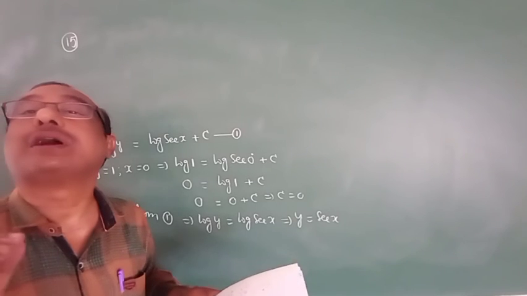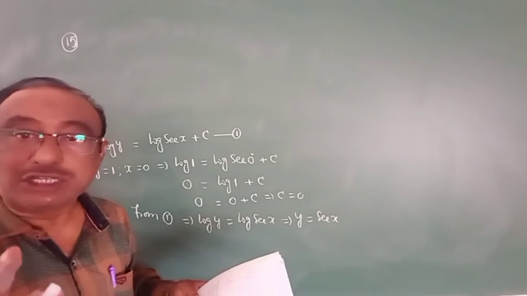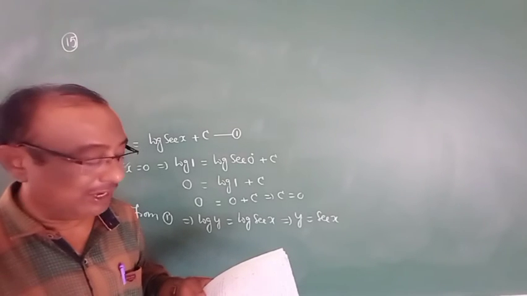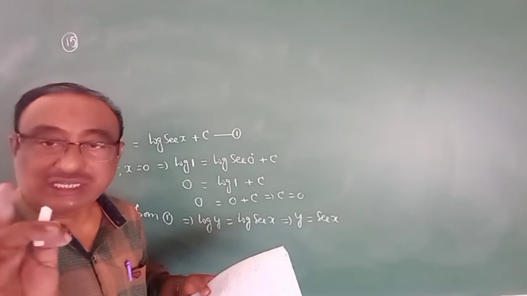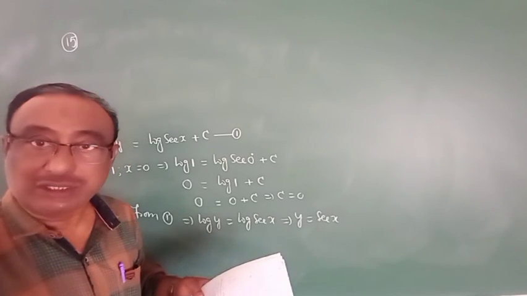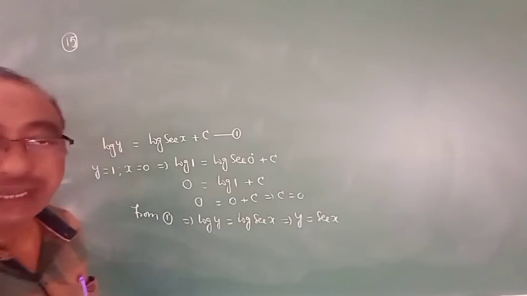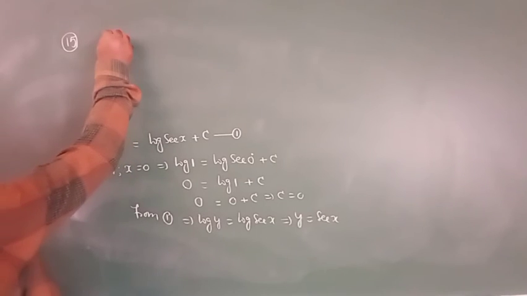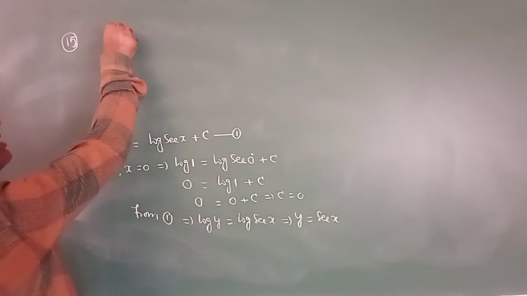That curve is passing through the point (0, 0). Next, what is the given differential equation? y dash means dy by dx is equal to e power of x sin x.